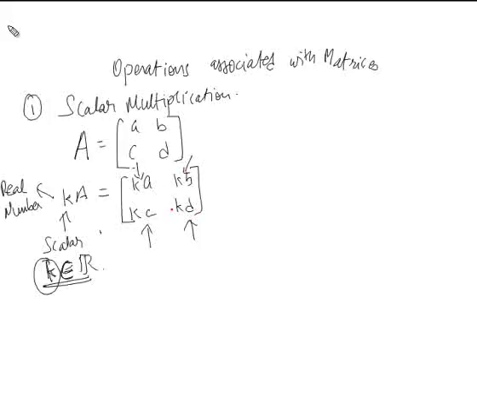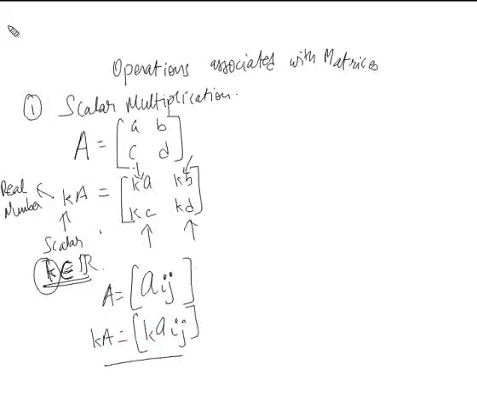So if I write A is equal to Aij, then KA is nothing but K times Aij. Every entry is multiplied by K. Here there is no need for A to be square. Please remember this.